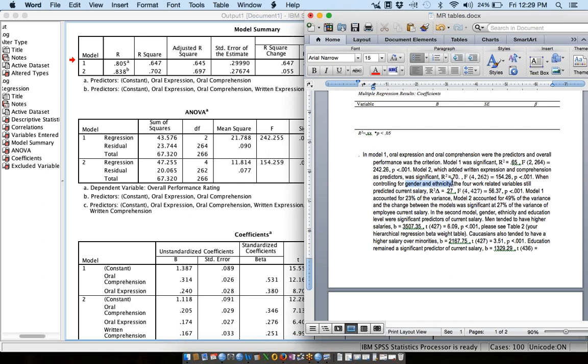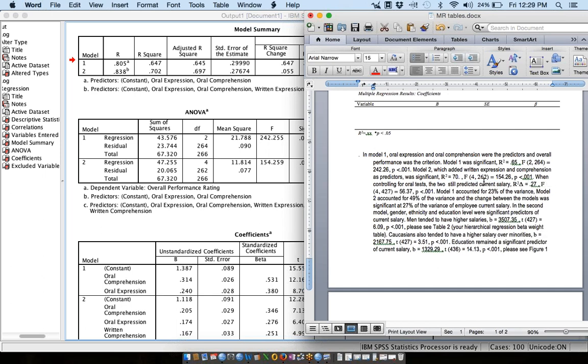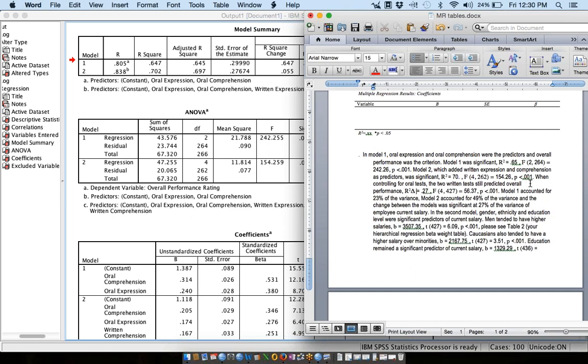When controlling for oral tests, the 2 written tests still predicted overall performance.